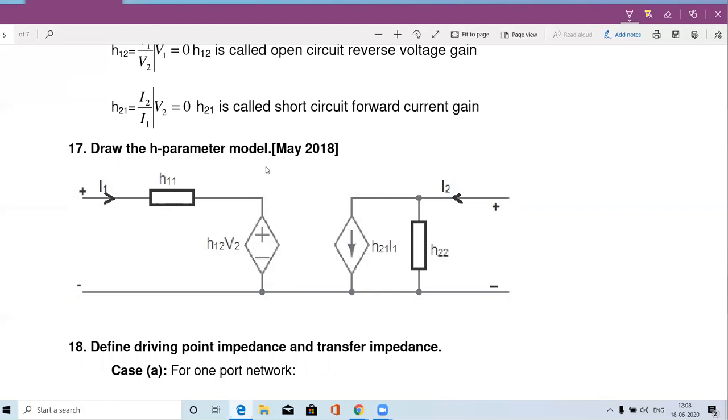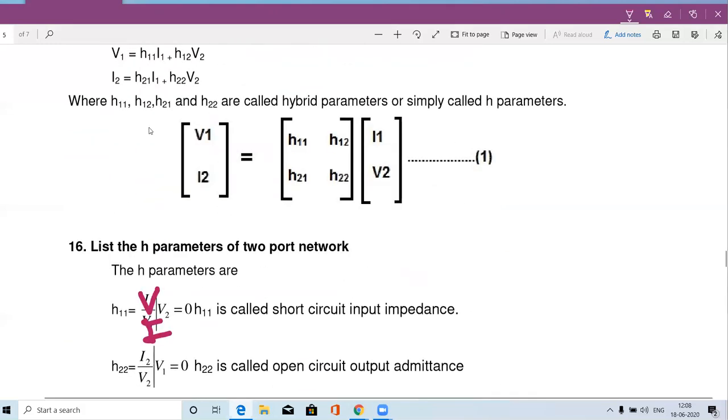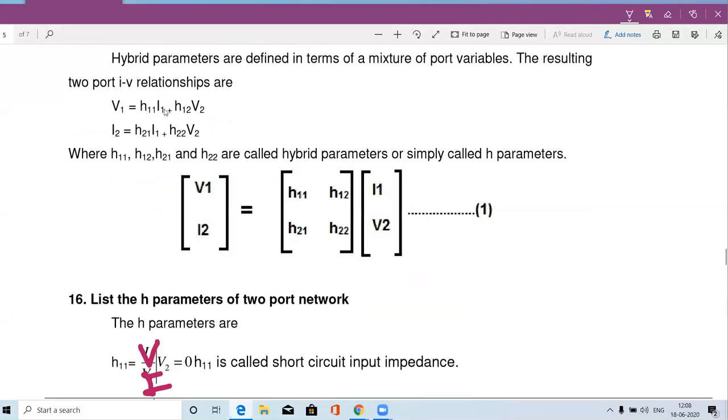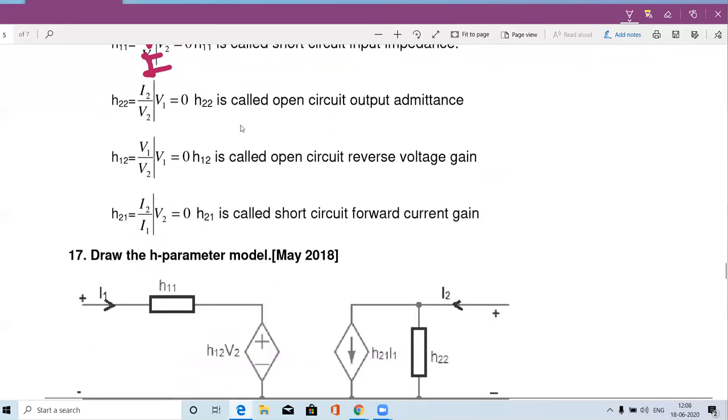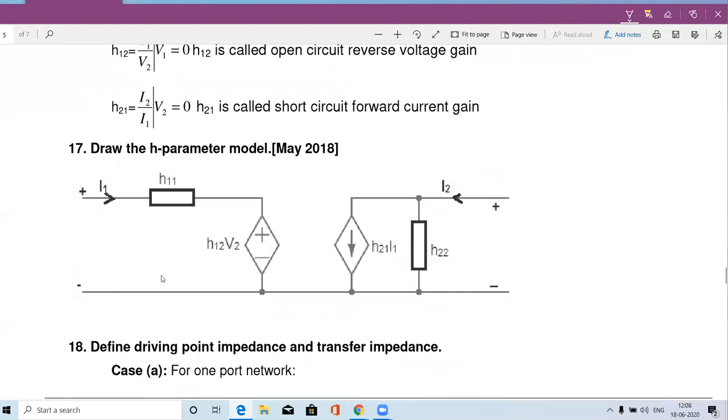The hybrid model for this transistor: the equation V1 can be written as H11 I1 plus H12 I2. The first equation is KVL, and the second equation is KCL, where the current is the addition of two things. For the input side, you replace it with the KVL equation. So V1 equals I1 into H11 plus the dependent voltage source H12 into V2.